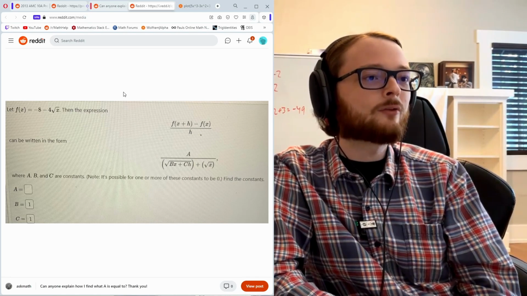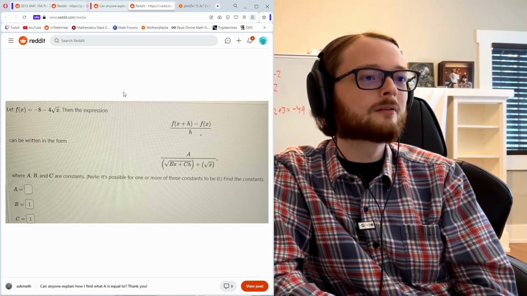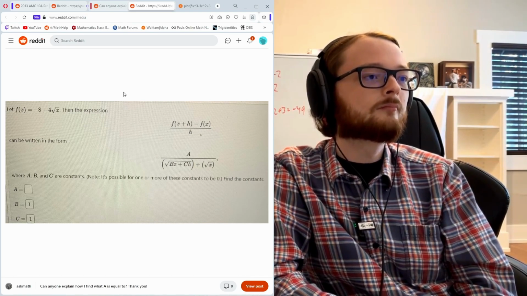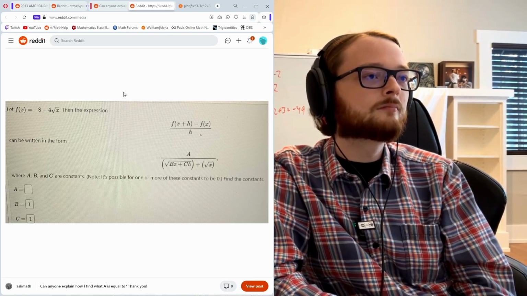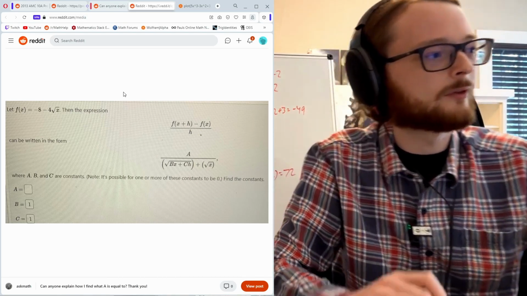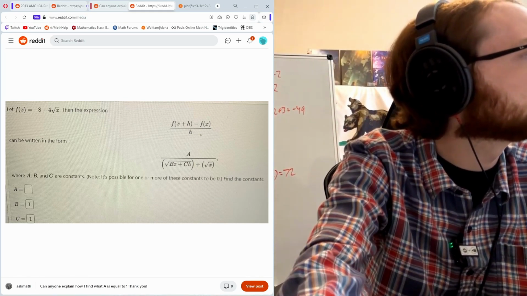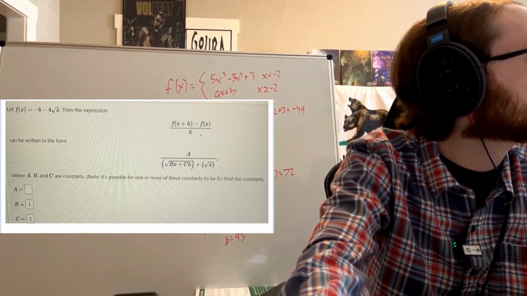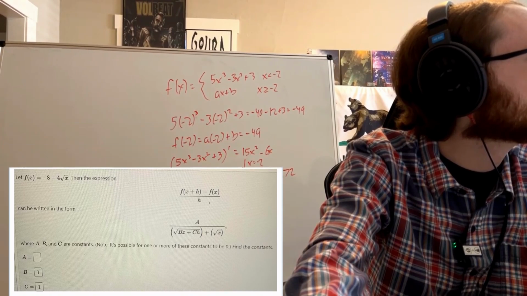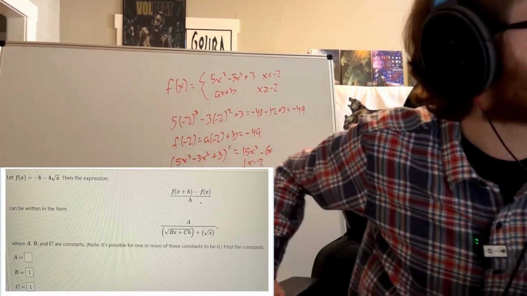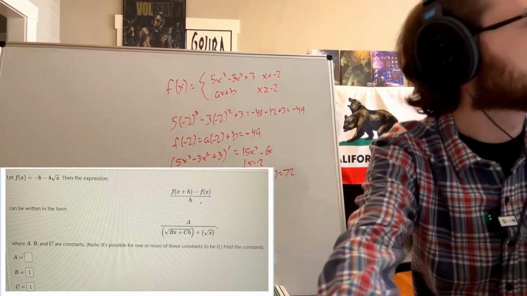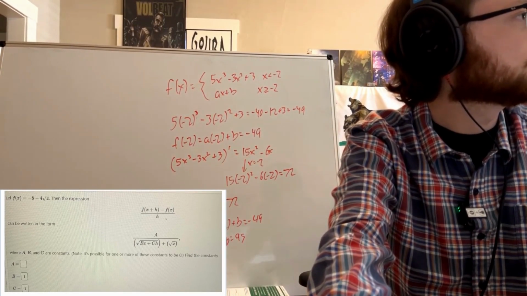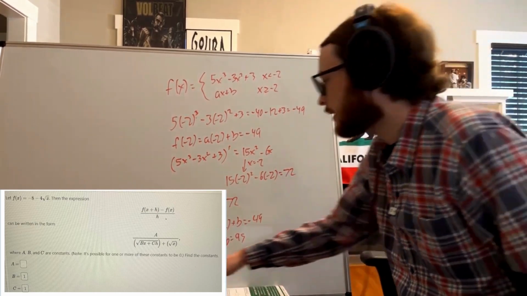Yeah, probably rationalize the numerator or something. Probably. I'm not sure exactly what's up with this. Let's try plugging things in and seeing what happens. Actually, let me make that a bit smaller because I know I'm not gonna notice when my math's being covered up by it.